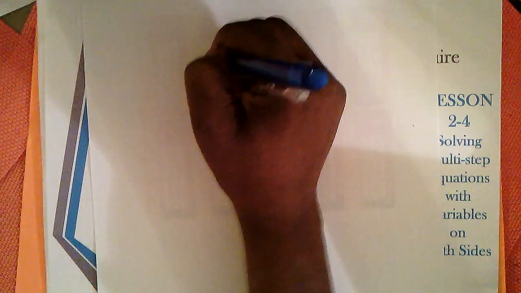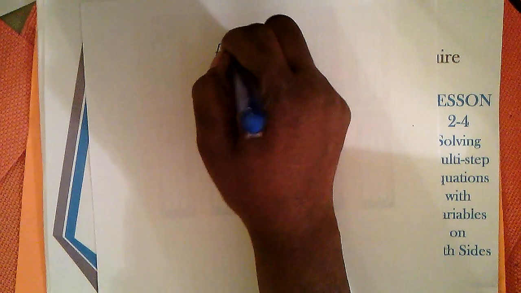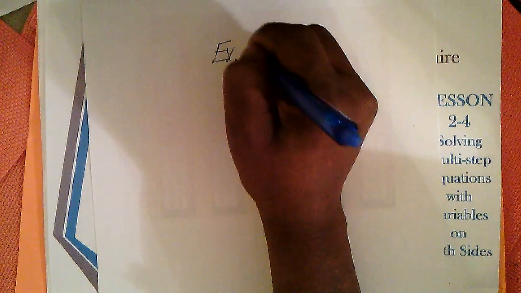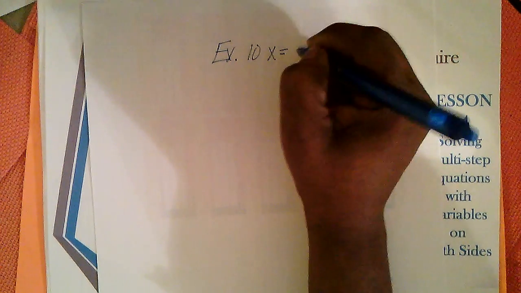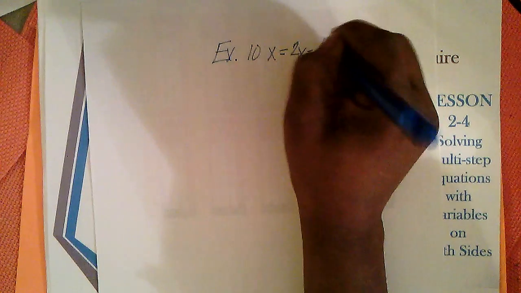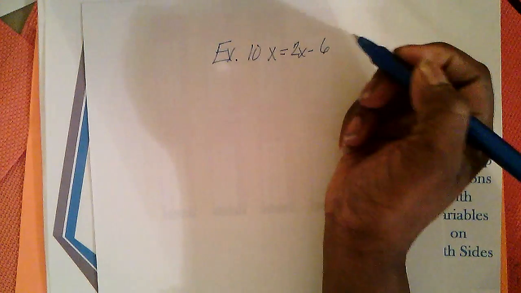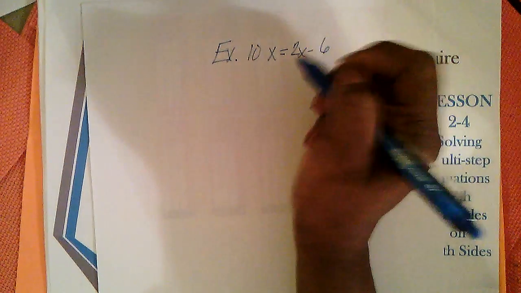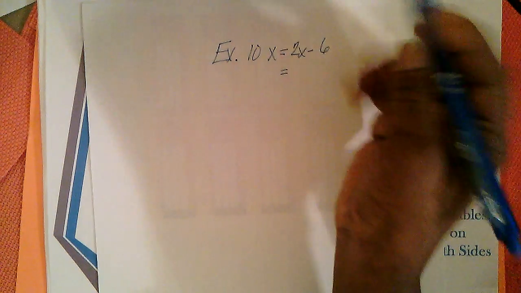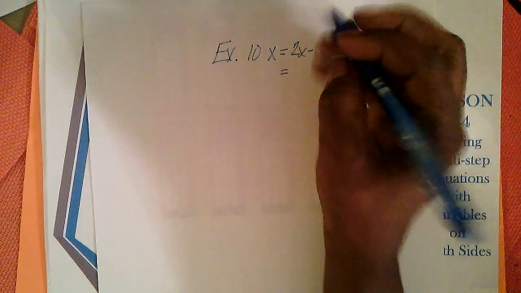All right, the first example I like to start with is 10x equals 2x minus 6. First thing we want to do is combine our variables to one side.